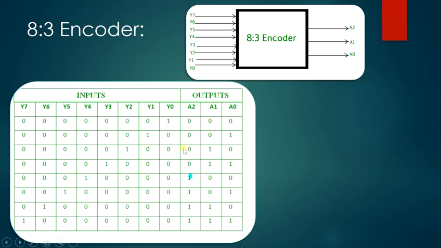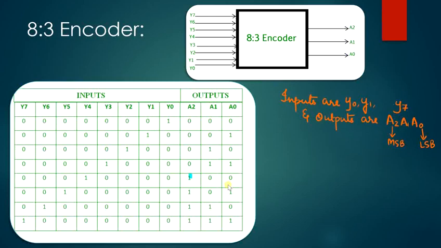So in an encoder, we can clearly see that looking at the input, what the output will be can be easily predicted. So that is what has been mentioned here. Inputs are Y0, Y1 up till Y7 and outputs A0, A1 and A2, where A0 is the LSB bit and A2 is the MSB bit.